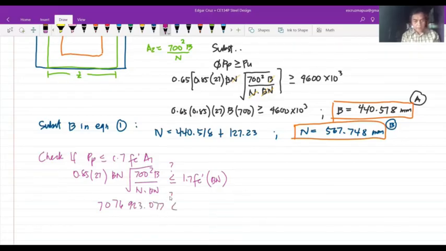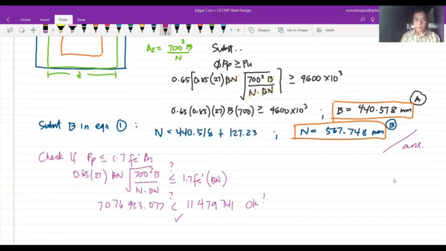Check natin. 1.7 times FC from 27 times B times N. So that is 11,479,741. So sabihin, okay naman. So less than. So okay naman siya. So sabihin, tama yung answers na to. So this would be a valid answer for B and N.